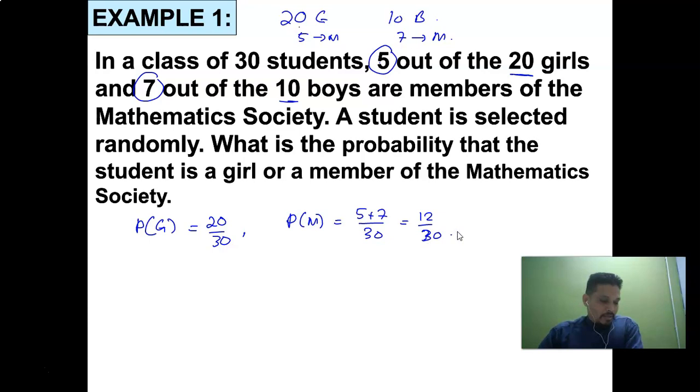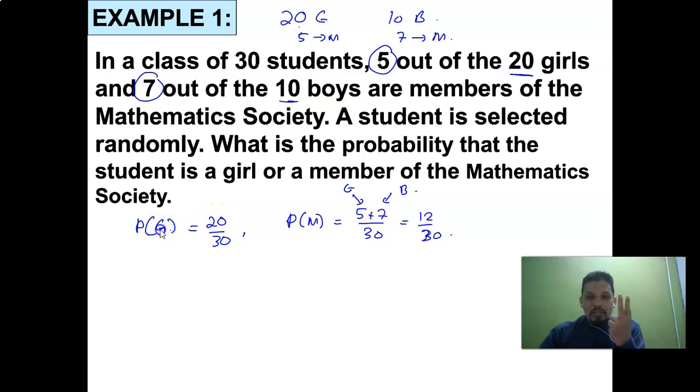This is the probability of a girl, and this is the probability of members of the mathematics society, which include the girls and the boys. So if you'd like to solve this question, the probability that the student is a girl or a member of the mathematics society, we count the girls twice.